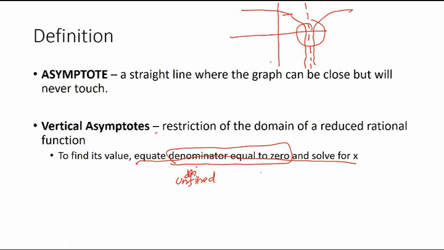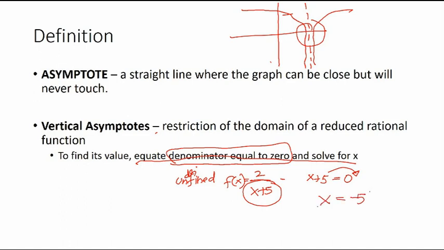So, for example, we have f(x) equals 2 over x plus 5. So kung hahanapin natin si vertical asymptote, kunin lang natin si denominator. So you have x plus 5 and then equate it with 0. So you have to transpose. So x is equal to negative 5.